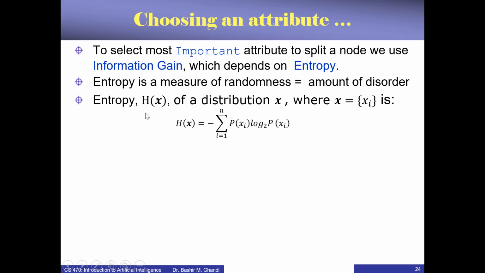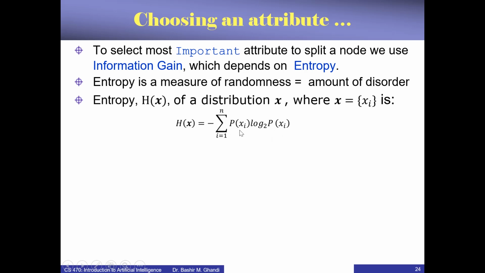The entropy, which is denoted as H(X) of a distribution X, where X consists of elements x1, x2, x3, and so on, is defined as: H(X) is minus the summation of the probabilities of each xi times log to base 2 of that same probability.